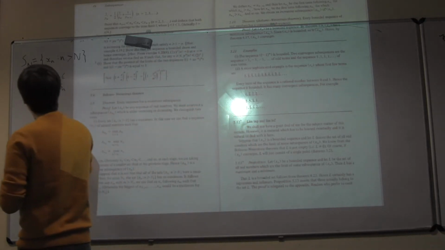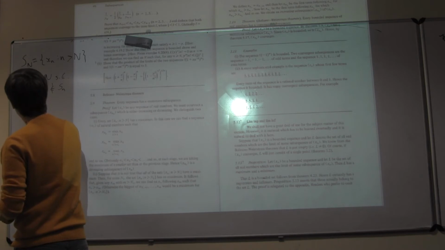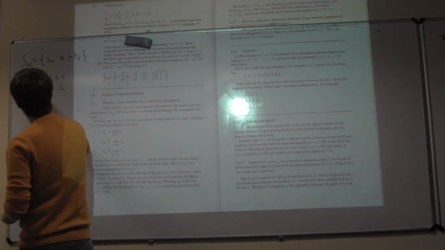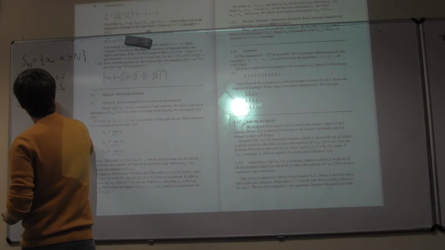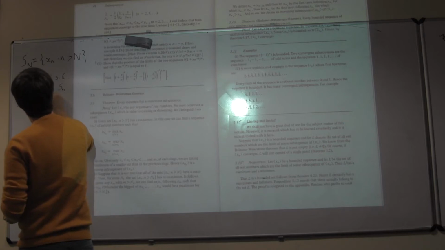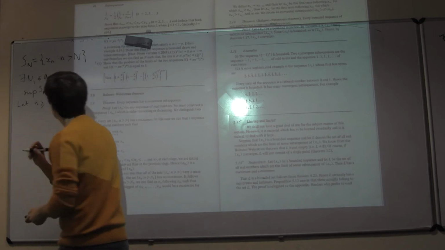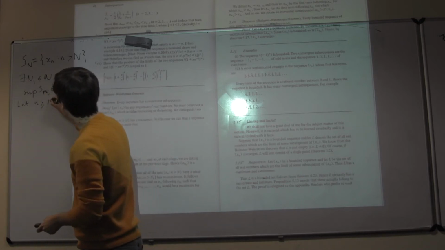So suppose we have some m bigger or equal to n1.